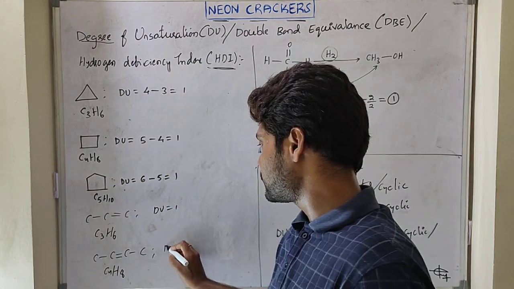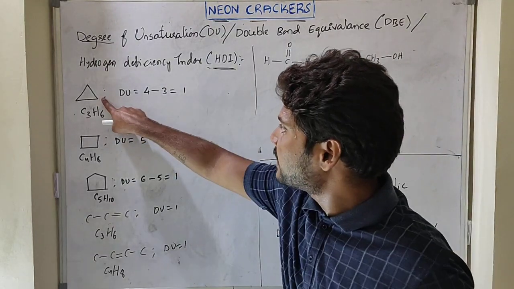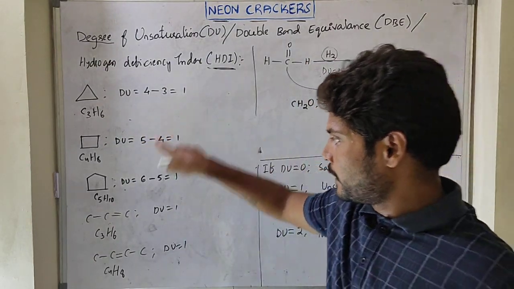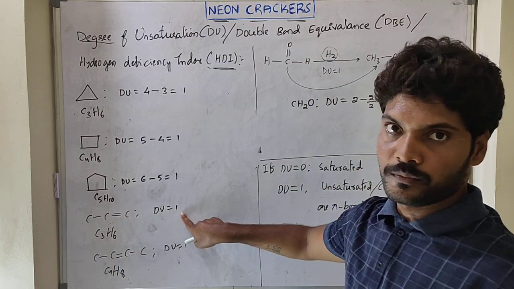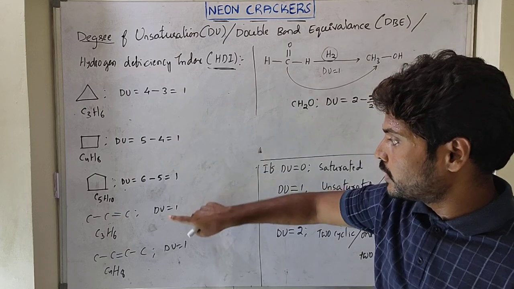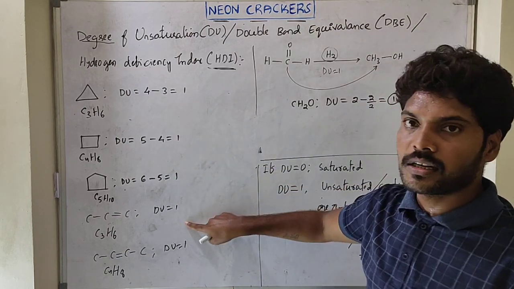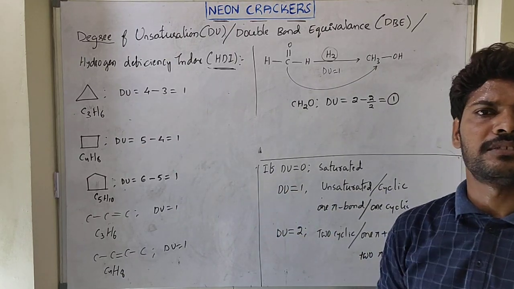What is the DU value based on the same calculation? 1. It means one cyclic compound equals 1 DU, one pi bond equals 1 DU, and this must be remembered. Then based on this shortcut, you can find the DU without calculation within a fraction of a second.